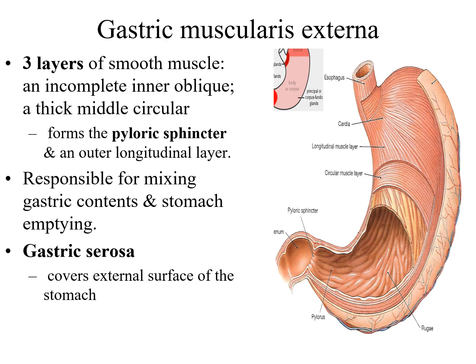Very important, the middle circular layer at the area of the cardiac region, the cardia, is going to be thickened, and similarly in the area of the pyloric region.